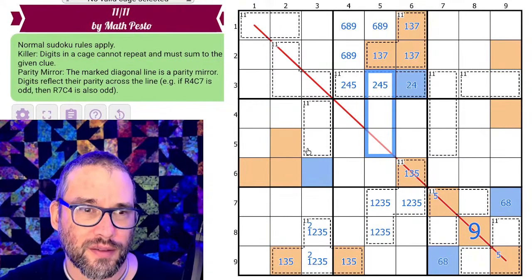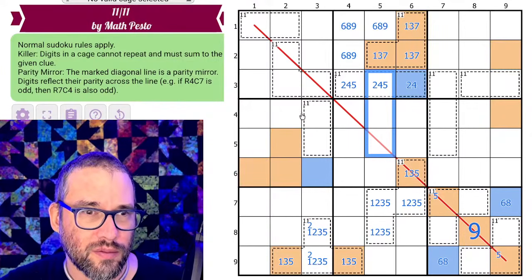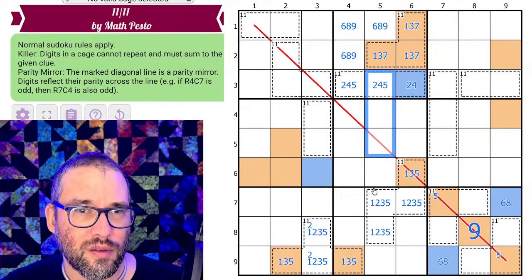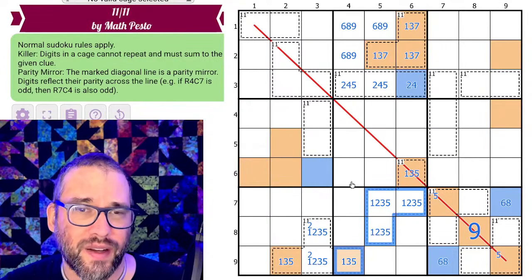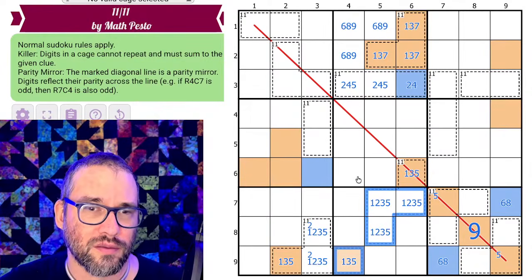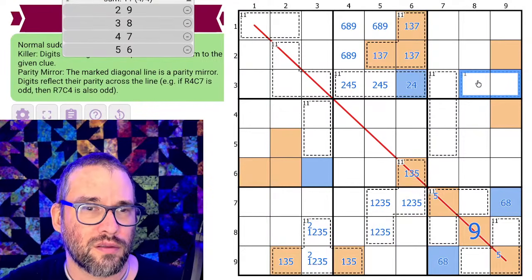Okay. Yeah, we do have a quad here. Let's see.